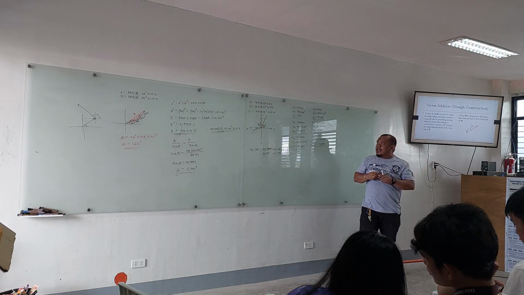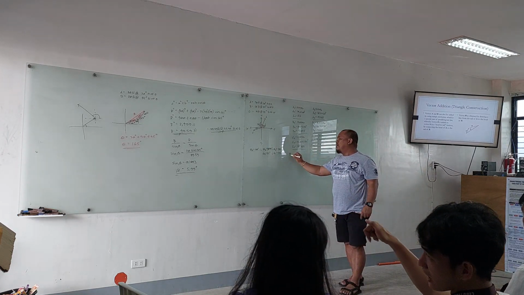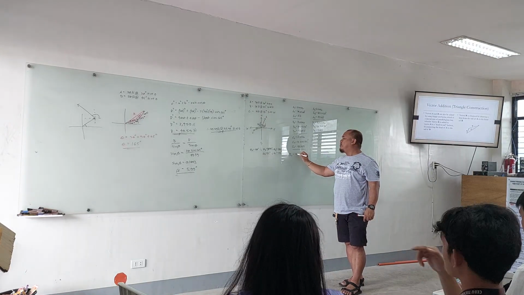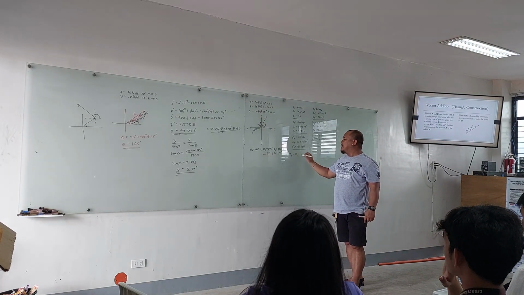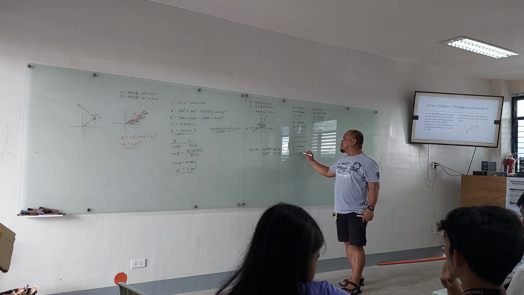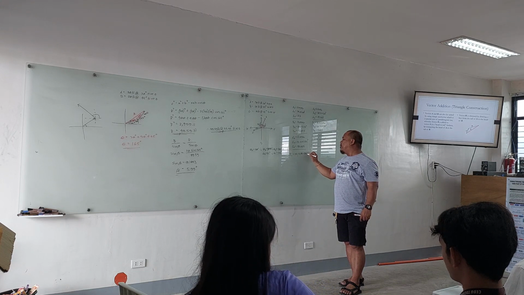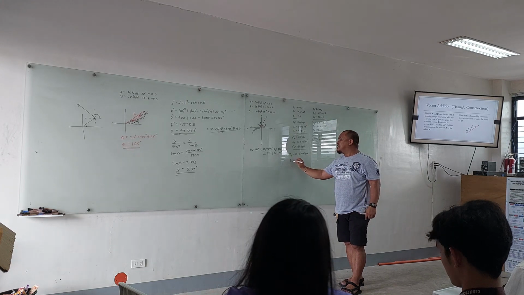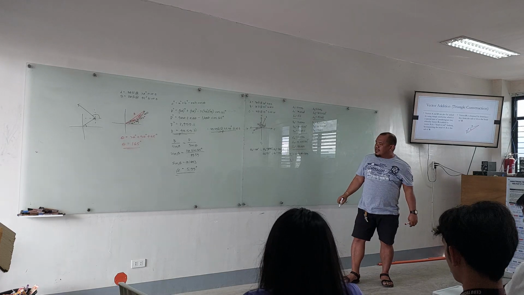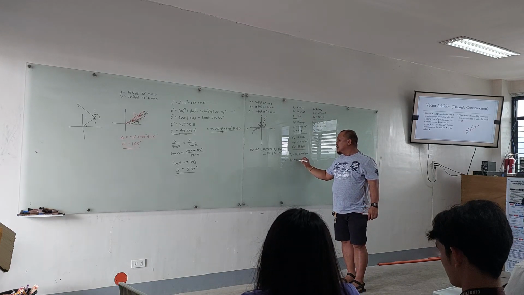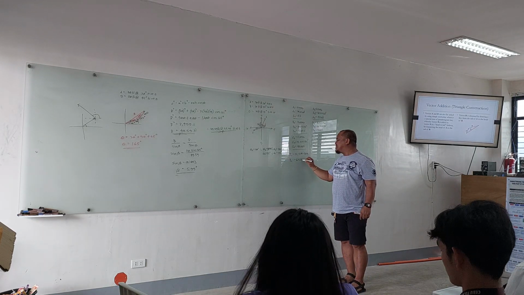Now, we add all the I components. We have Rx is just equals to 15 Newton, minus 7.07 minus 14.49, or Rx is equals to how much? Negative 6.56 Newton.